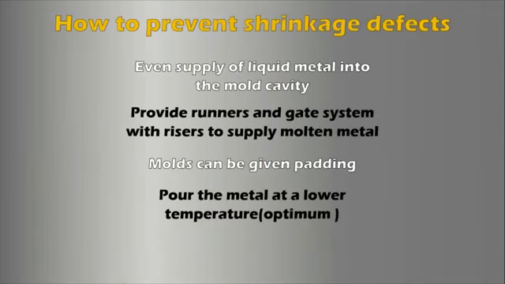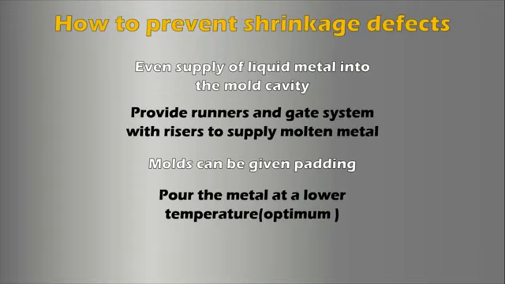How to prevent shrinkage defects. Problems with continuous flow at the right temperature can be lessened by ensuring a continuous, even supply of liquid metal into the molds. This can be accomplished by using a runner and gate system with risers to supply the molten metal.